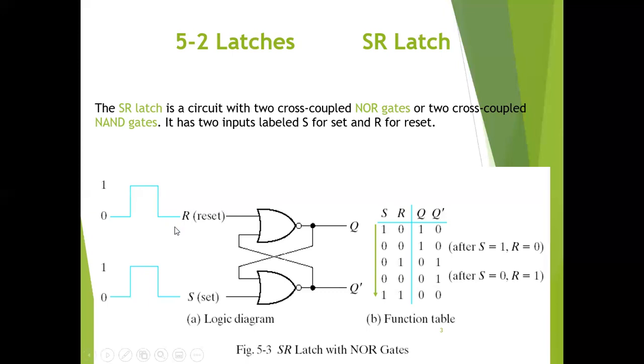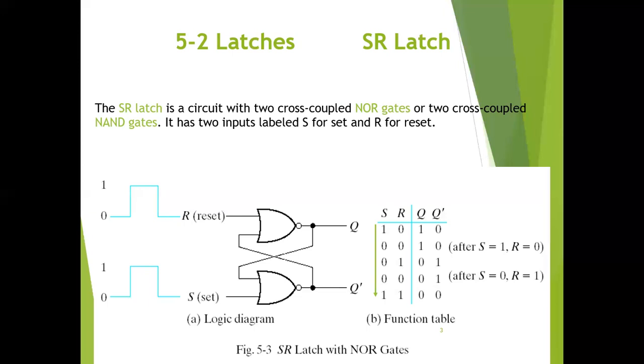And when the input S is 0 and R is also equal to 0, in a NOR gate the output will be dependent upon the values of the inputs.